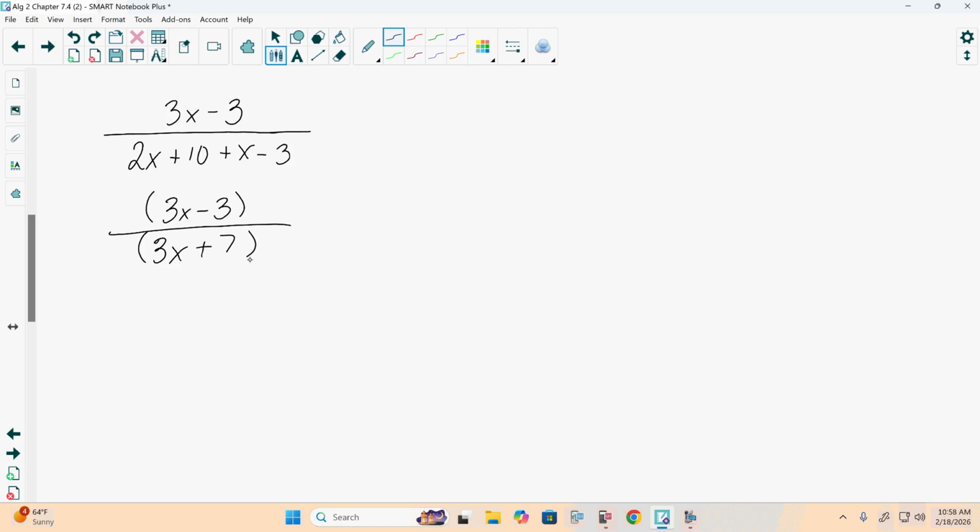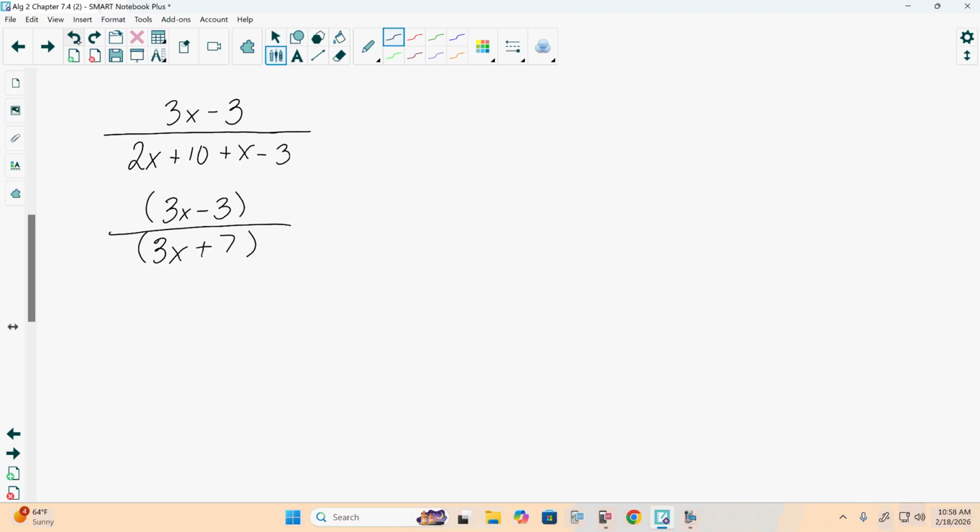Because otherwise, if this was a product, instead of addition and subtracting, yes, the 3x over 3x would cancel. But unfortunately, the minus on top and the plus on bottom prevent us from being able to just cancel those out. That's a good question. Any other questions?